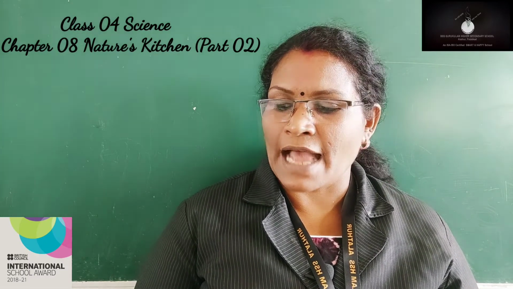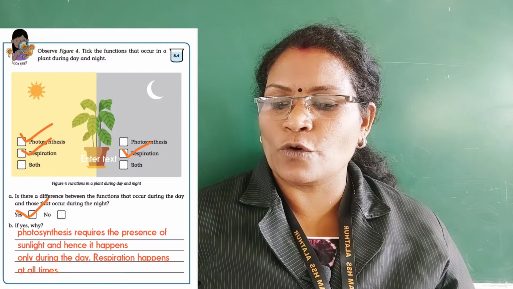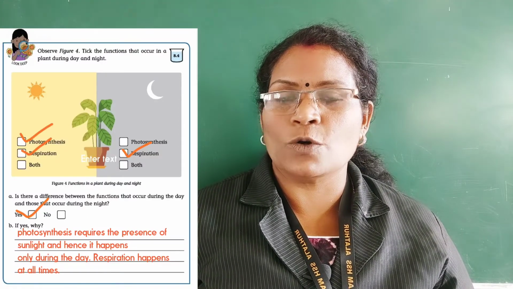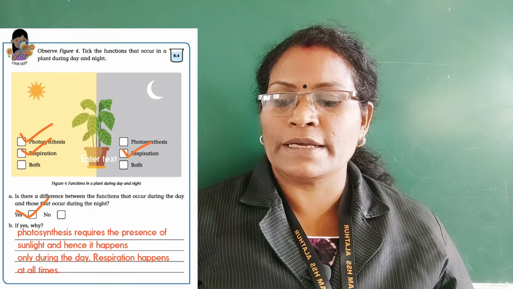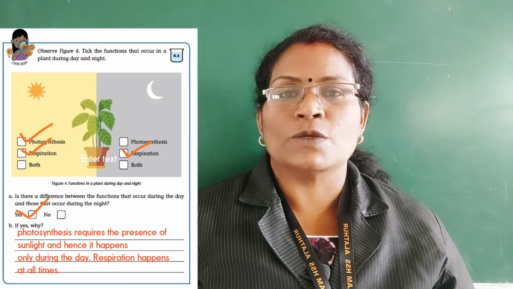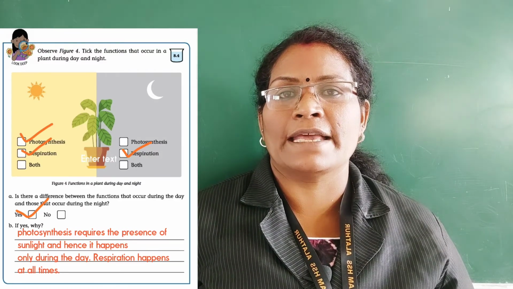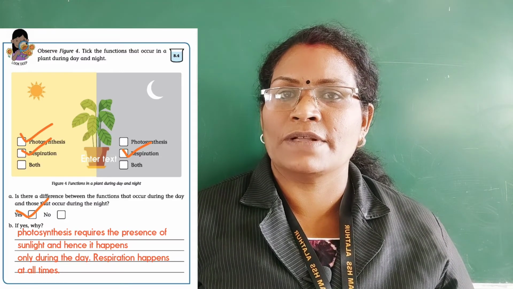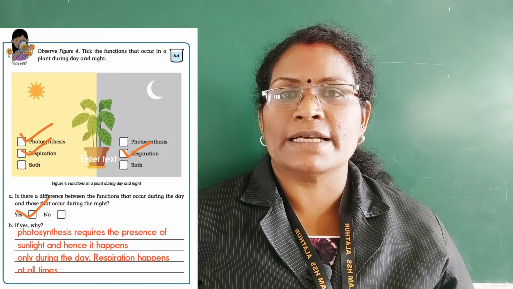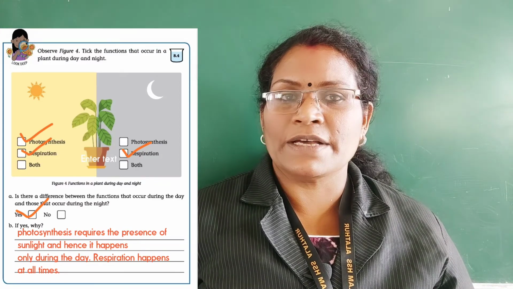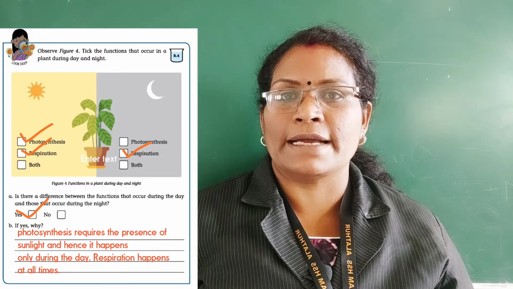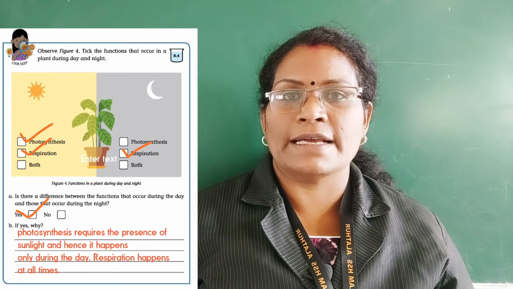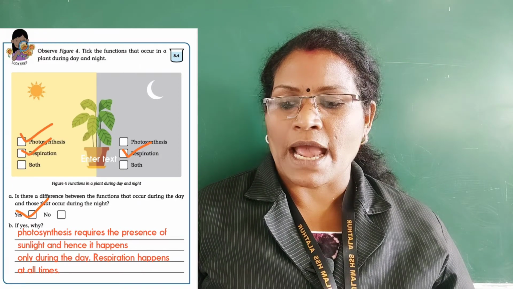In activity 8.4, observe figure 4, tick the functions that occur in a plant during day and night. What are the functions which are carried out during the daytime and night time, that we will see by observing this figure. In this figure you can see one side is with sunlight and the other is the night time.